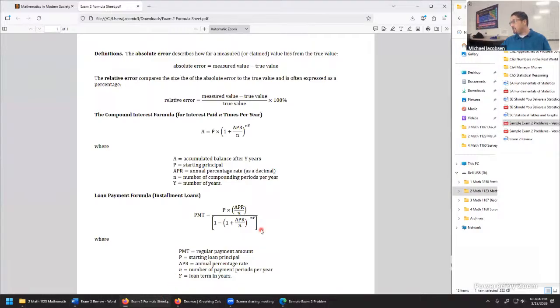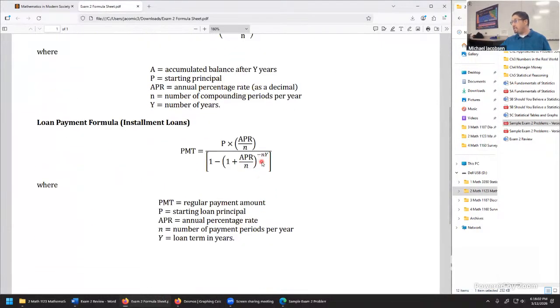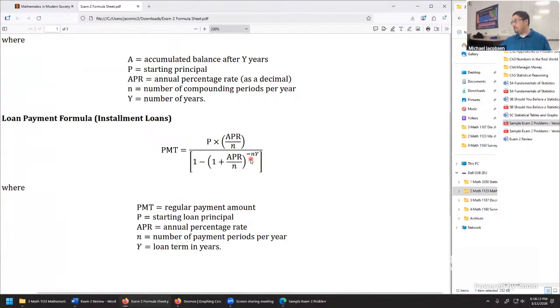In that case, we would use this formula here. Slightly more convoluted, a little bit more to put together, and that's the one and only time you'll get a negative exponent right in that spot. Does that make sense with that question there?